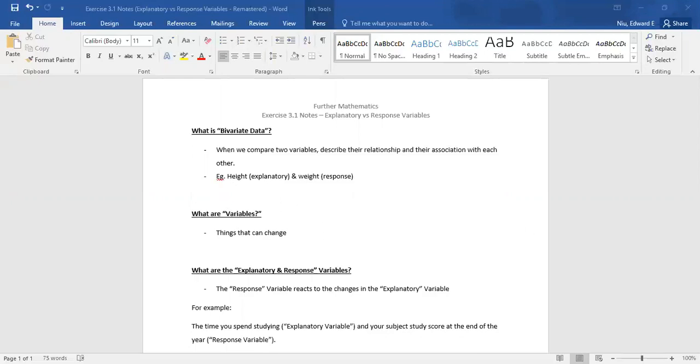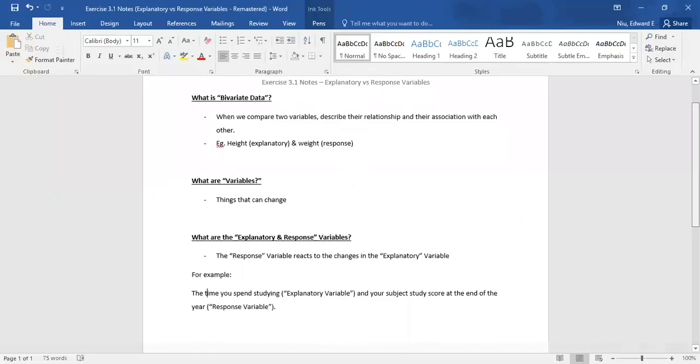The next part to understanding explanatory and response is literally explaining their relationship with each other. So if you do science or if you've learnt math in the past in the old curriculum, you might know explanatory variables as independent variables and response variables as dependent variables. So the response variable is always reacting to the changes in the explanatory variable.